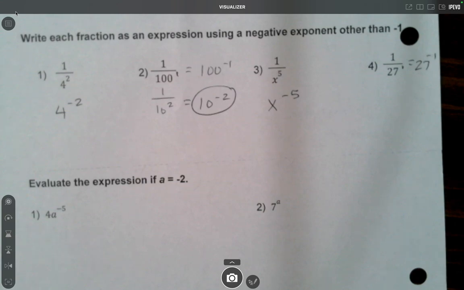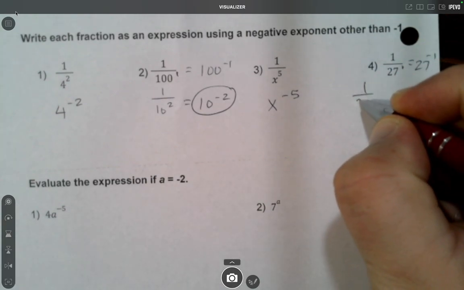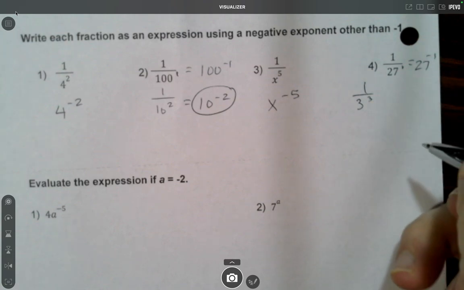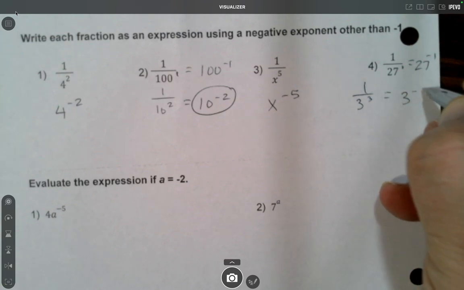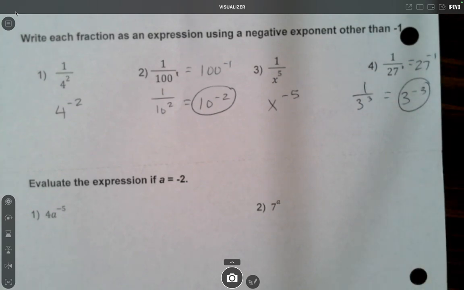So we've got to think, okay, what raised to what power equals 27? So it turns out 27 is the same thing as 3 cubed. Then we can rewrite it as 3 to the negative 3. So that would be our answer.